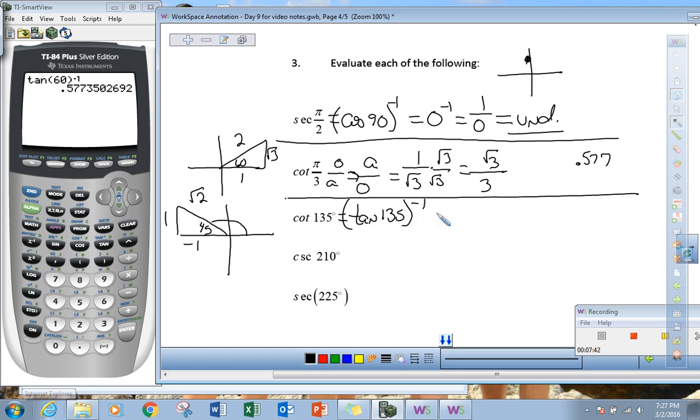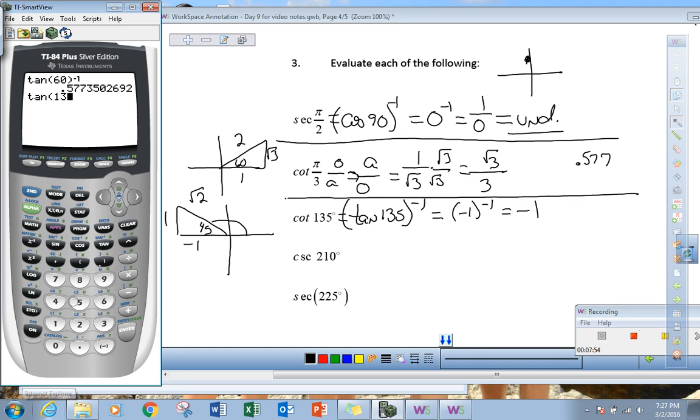Well, that's going to be negative 1. Well, what's the reciprocal of negative 1? The answer is negative 1. Once again, tangent of 135 reciprocated. My calculator gives me that answer. Your calculator can do a lot for you, but it can't do everything for you.